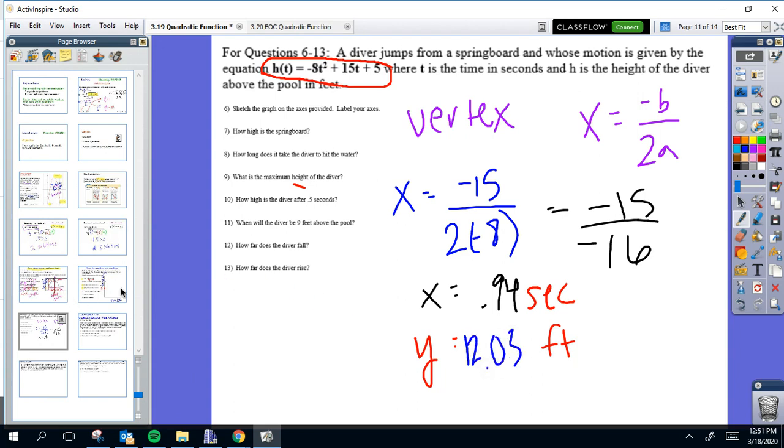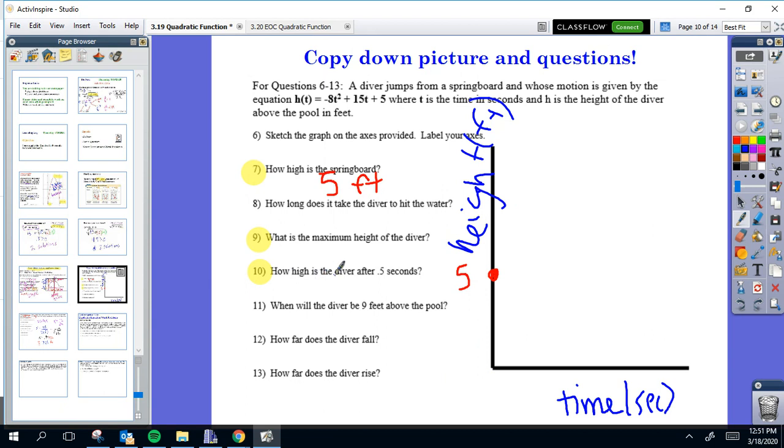So for number 9, I have a maximum height of 12.03 feet. And since that's my maximum, I'm going to go ahead and label this on my graph. So maybe something like this, where this would be around 12, and this would be around 0.94. So that's my maximum. So it's starting at 5 on the springboard and going to a maximum height of 12 at 0.94.